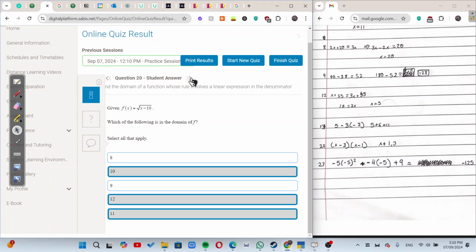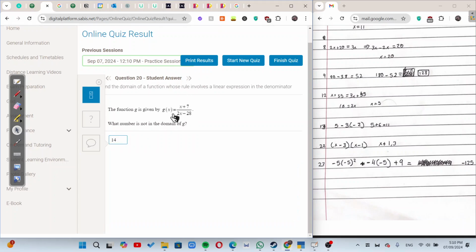Now, next question. What number is not in the domain of g? We know that g is anything that has x, so you substitute any value of x every time you see the letter x. But now they're asking which value you cannot substitute. Anything you substitute in the numerator is fine, it doesn't really matter, so we put the numerator aside. You have to look at the denominator always.